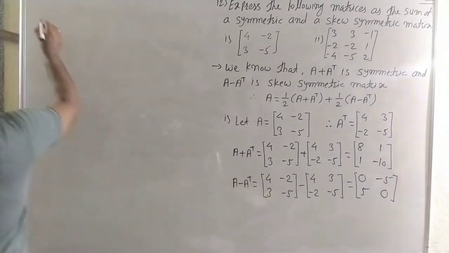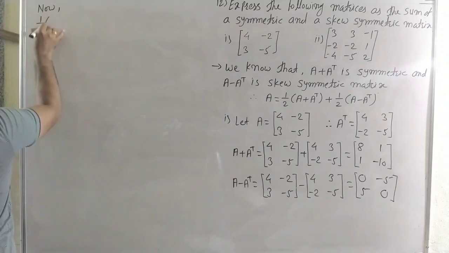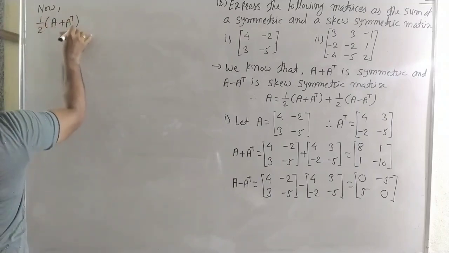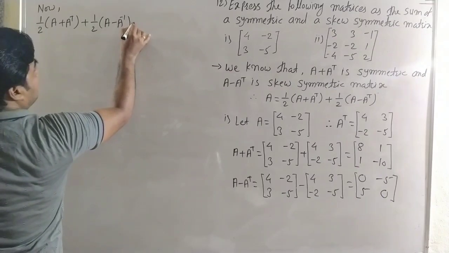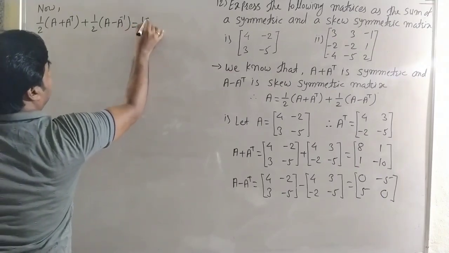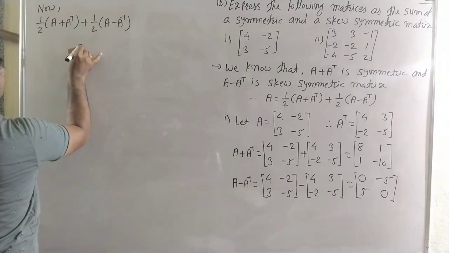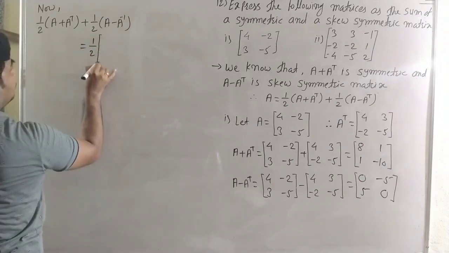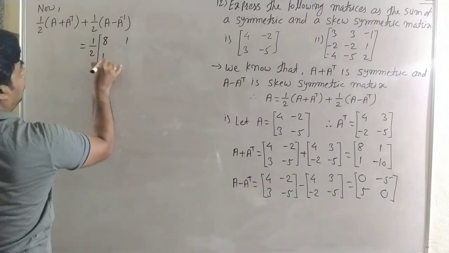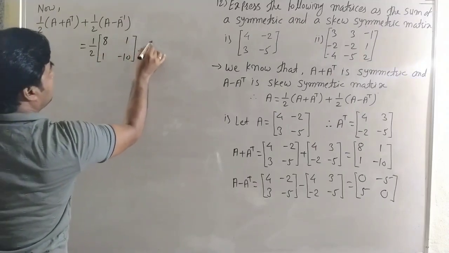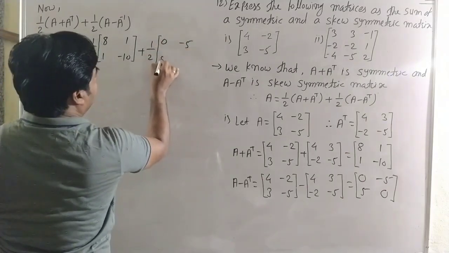Therefore we can write 1/2 into (A plus A transpose) plus 1/2 into (A minus A transpose), which equals 1/2 into [8, 1; 1, -10] plus 1/2 into [0, -5; 5, 0].